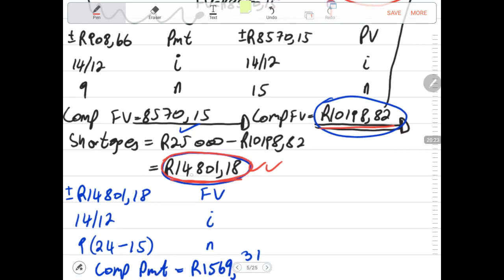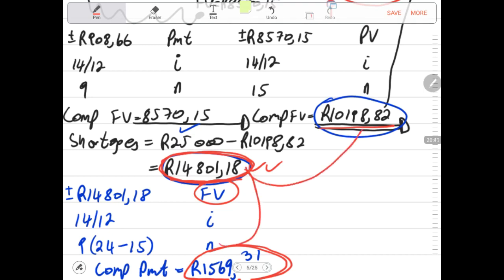So this difference then becomes our future value, what we need in the future. Therefore, we calculate our PMT, the payments that must be made every month in order for us to get to the 14,801 plus the 10,198, which will give us the 25,000 that we need in the next 2 years.